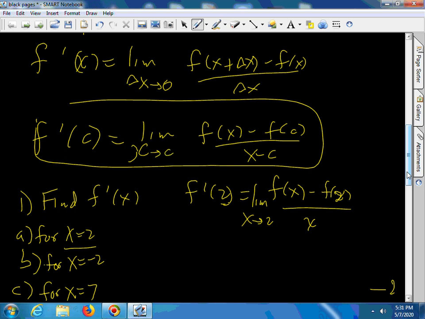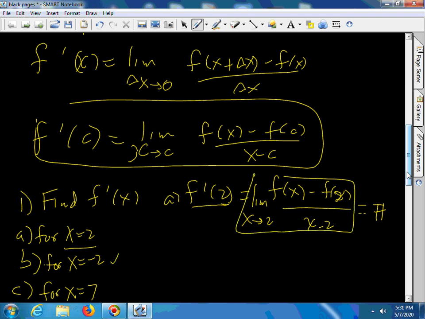Okay, and what you're going to get out is a number, because f prime of 2 is a number. Calculate this, get what you get.